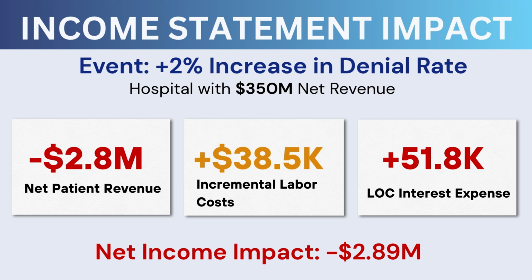I'm going to show you the math behind this in just a moment, but the impact is going to be a negative $2.8 million to net patient revenue, an additional $38,500 in incremental labor costs associated with having to work the additional denials, and an increase in interest expense of $51,800 from having to take money on a line of credit while you have all these denials tied up in accounts receivable. And if you add up these three cards, the total net income impact is negative $2.89 million.